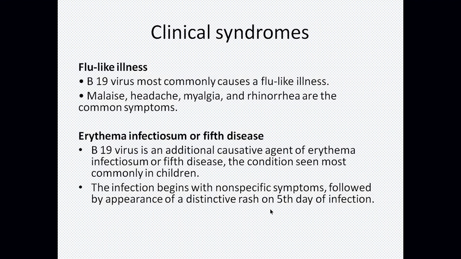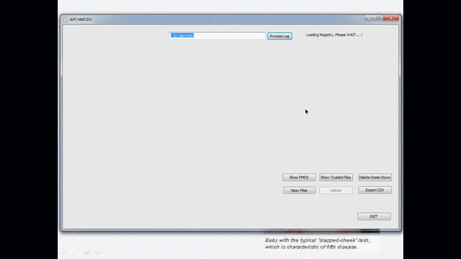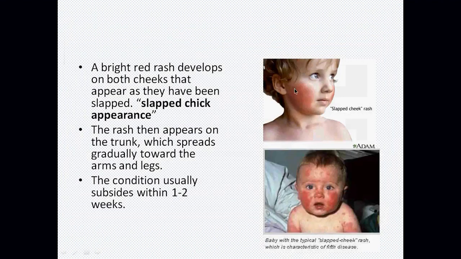The clinical syndromes we already taught, that is a flu-like illness, and erythema infectiosum. The clinical feature of erythema infectiosum is that a bright red rash develops on both cheeks, which appears as the slapped cheek appearance.